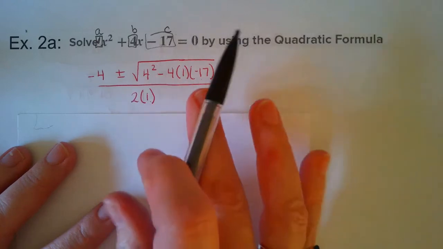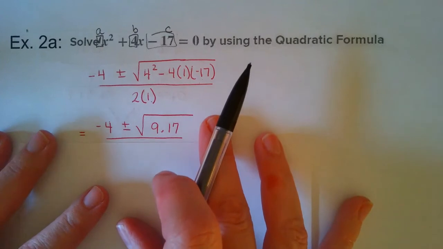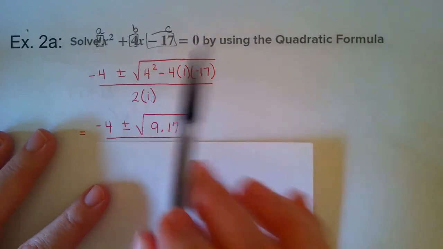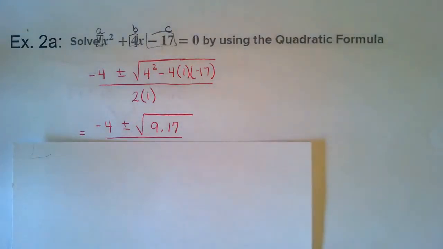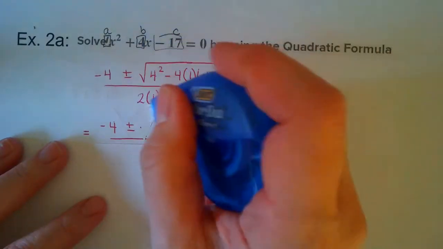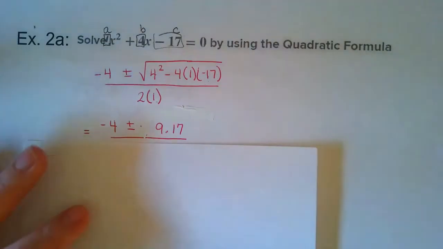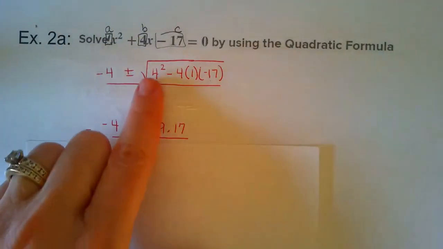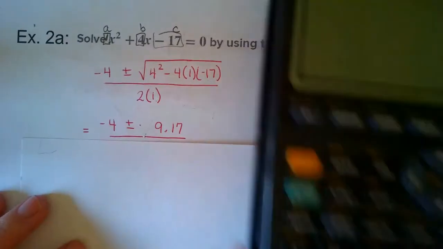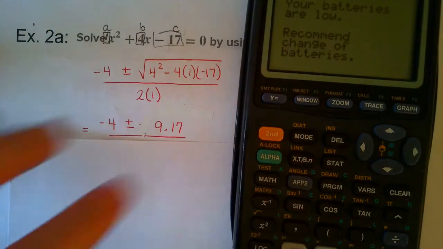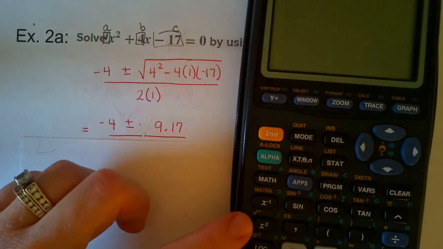So simplifying wise, I go ahead and type in the square root of that whole thing. I would start by simplifying this part right here, so I would type that whole thing in. Your square root button, remember, is opposite your x squared.